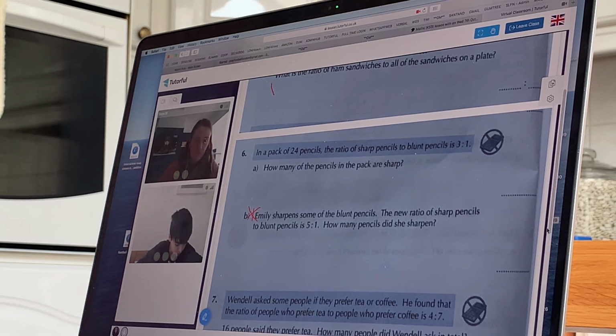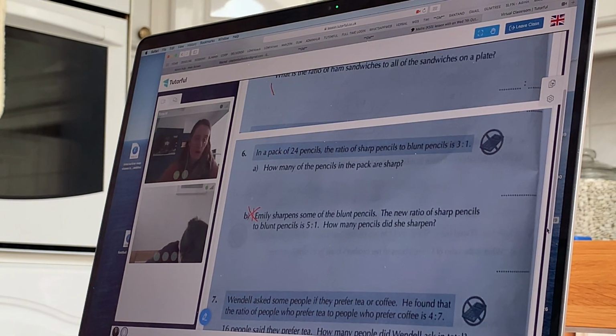No, wait, 24. 3 and 1. So would 3 be 20? Because there's 24 pencils. Not quite. Do the exact same way that we did it before.